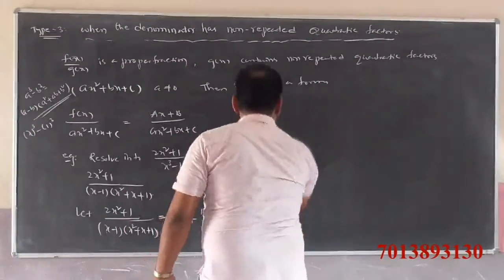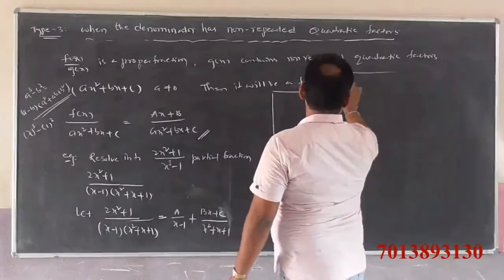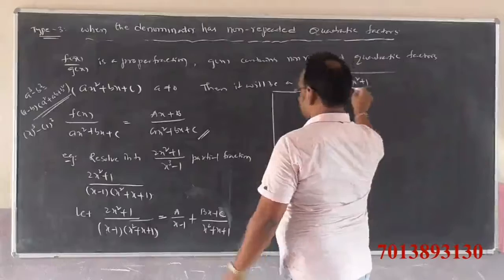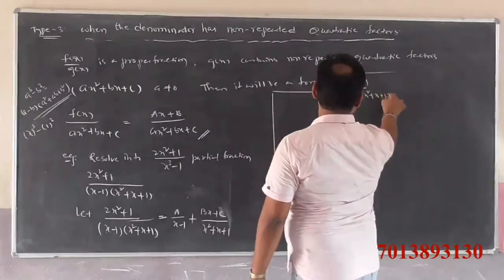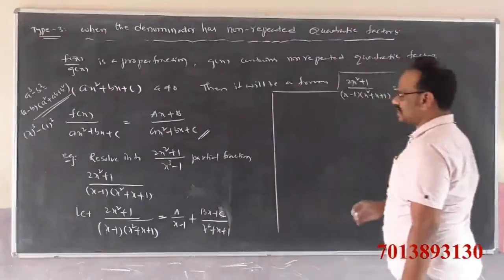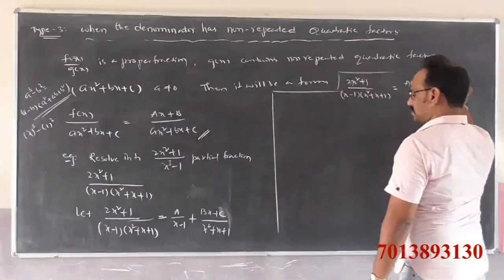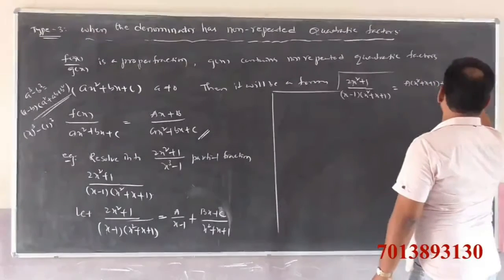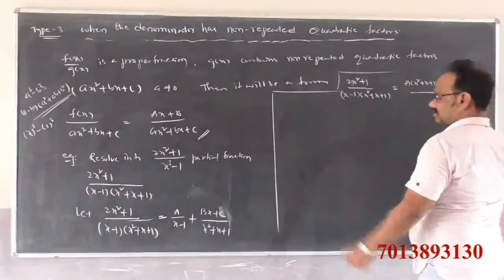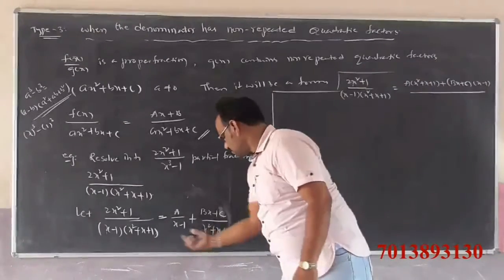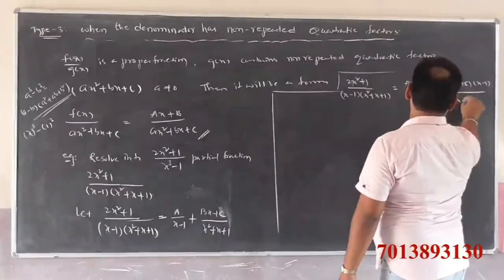If you do LCM and compare LHS and RHS, observe here: 2x square plus 1 by x minus 1 into x square plus x plus 1 is equal to, if you do LCM, we get a into x square plus x plus 1 plus bx plus c into x minus 1, by the denominator, the LCM, x minus 1 into x square plus x plus 1.